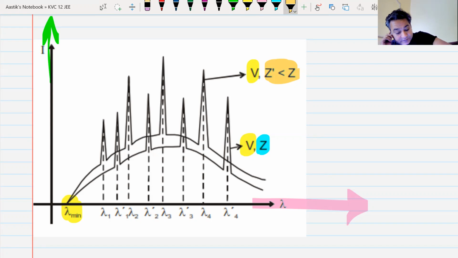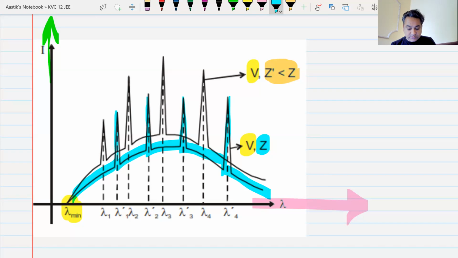Now you can see how the graph changes. For this metal Z, which has a higher atomic number, the graph goes like this. It is on the lower side.